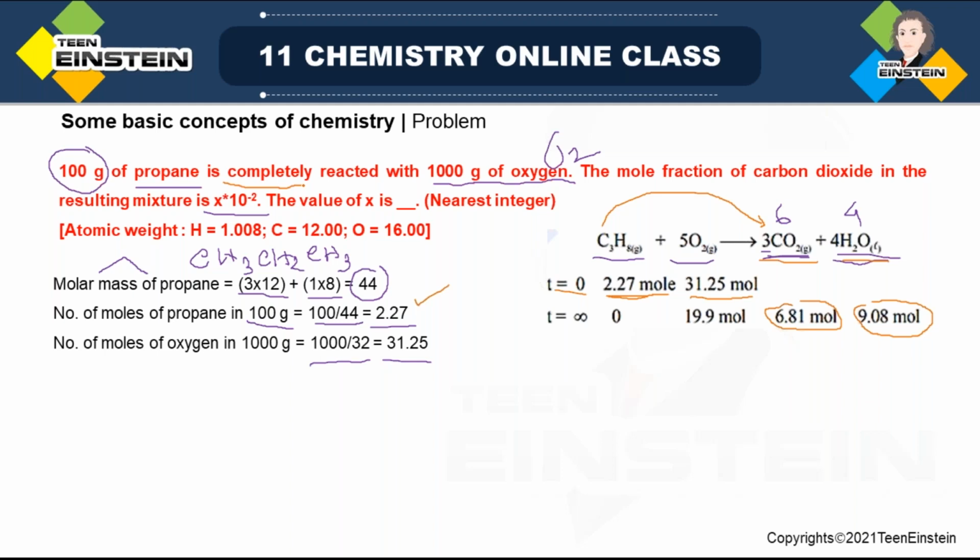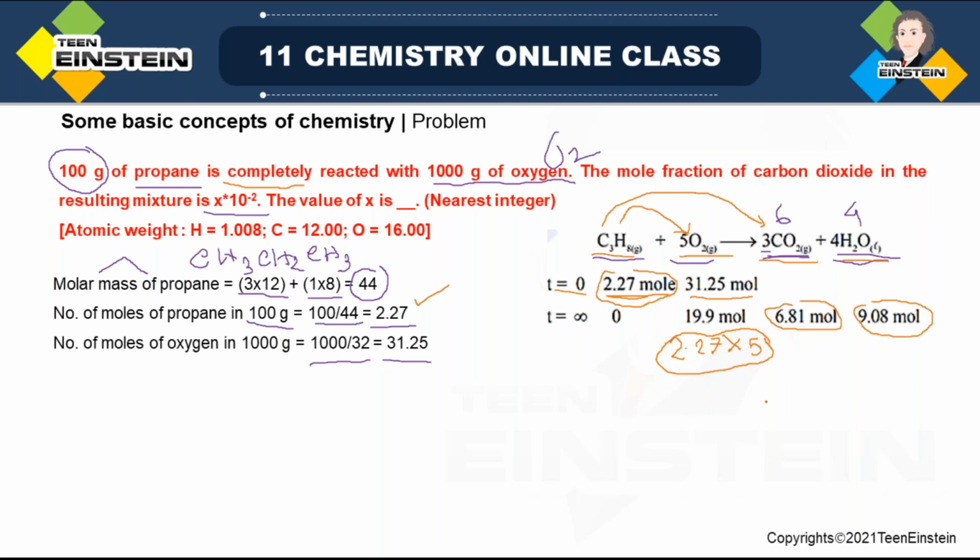But when it does so, compare the mole ratio of propane and oxygen, it is 1:5. That means per mole of C3H8, you need 5 moles of oxygen. So 2.27 moles of propane means 2.27 multiplied by 5 is the required amount of oxygen.